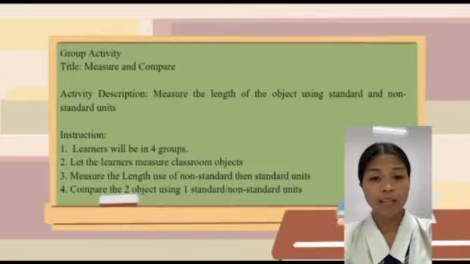By then they will compare the 2 objects, but they use one specific standard unit, which is the measuring tape. With that, they will be able to compare the 2 objects and discover which is the longer object.